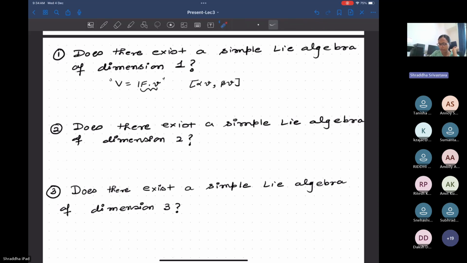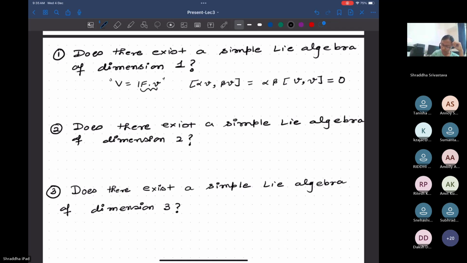If it is a commutator, it must be bilinear, so you can take alpha and beta both outside, and you get the commutator of v with v. And from axiom 1, it has to be 0. So on a one-dimensional Lie algebra, the only way is to have the commutator be 0.